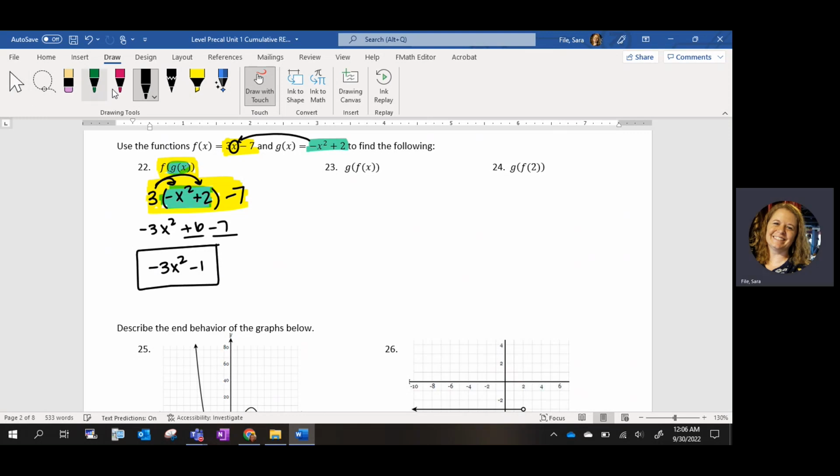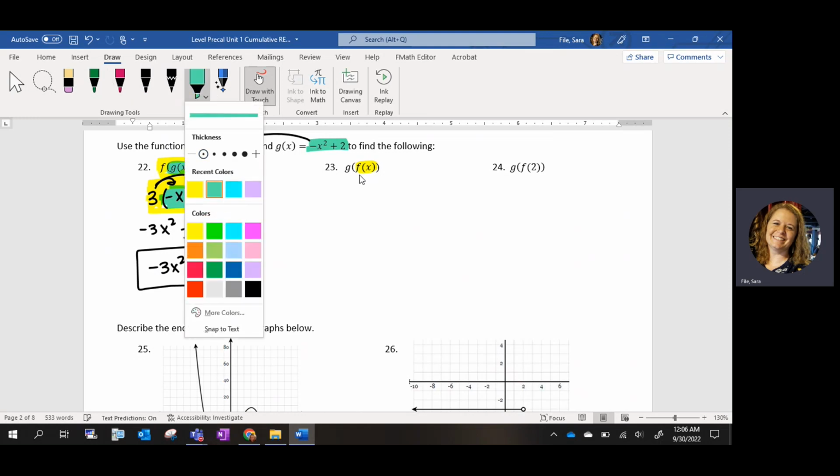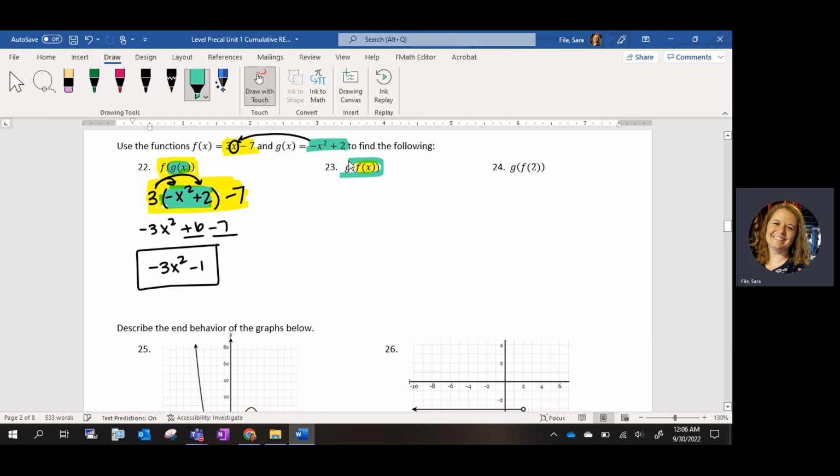Okay, now 23 has reversed this. They've put f as the inner function and g as the outer function. So I'm plugging f into g this time. So I'm taking this entire equation and plugging it in just right there. So g is going to be the outer function. So I'm going to have negative parentheses squared plus 2.